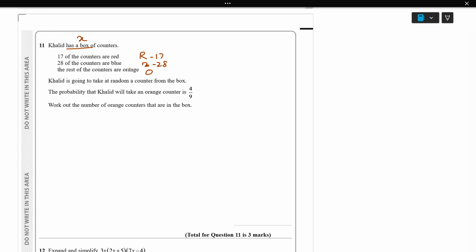The box has x counters, so orange is going to be x minus 17 plus 28, which is equal to x minus 45. Khalid is going to take a random counter from the box. The probability that Khalid will take an orange counter is 4 by 9. Orange is x minus 45.